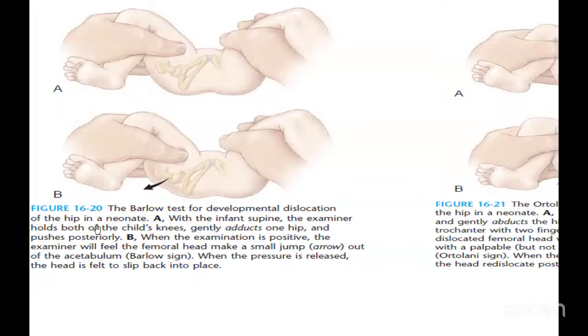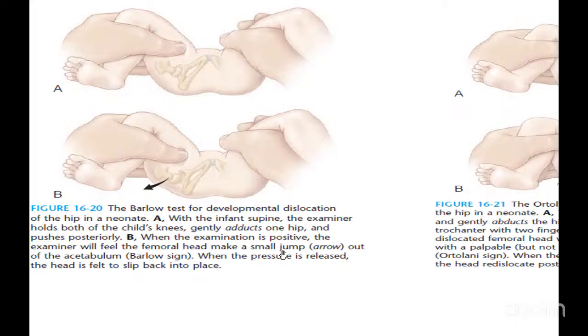In a supine position, we hold both knees and gently adduct one hip, and push posteriorly, in the downward direction. Adduct and posteriorly.